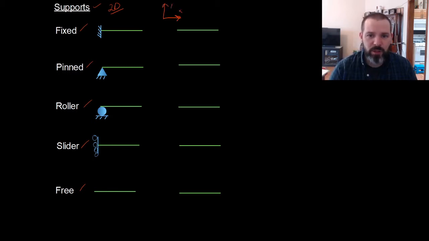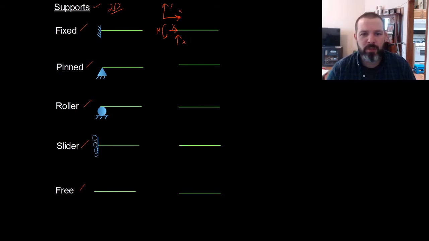A fixed support can resist forces in the y direction, the x direction, and moment. So there's an x component here, a y component here, and a moment. In 2 dimensions, this resists all the movement that you could possibly have.